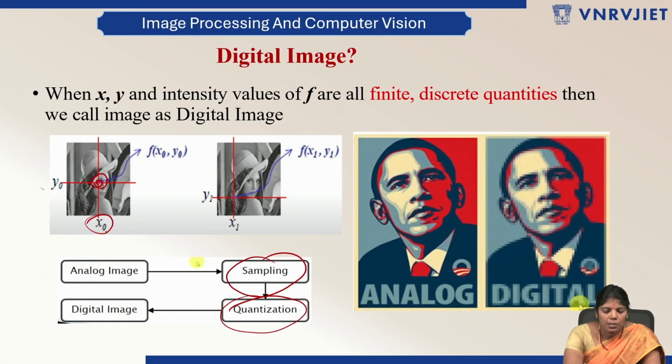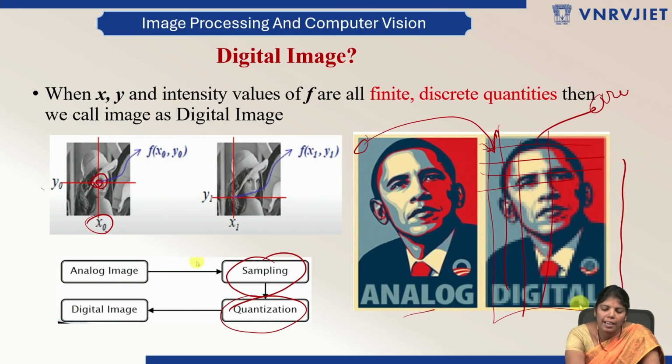If you see these two images, this is how the analog image is converted into a digital image. Each value in this image can be represented with a particular color. It will be converted into a pixel format, and each pixel carries its own intensity value. This is the conversion of the analog image to the digital image.